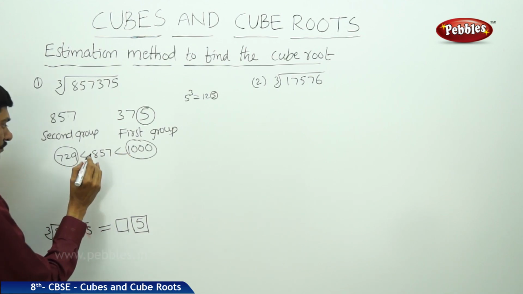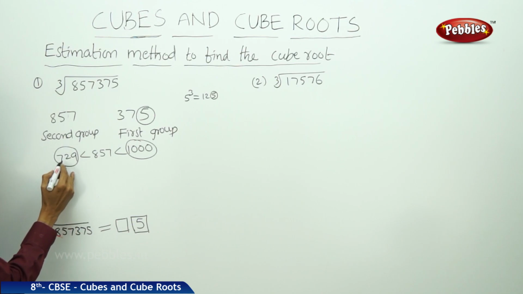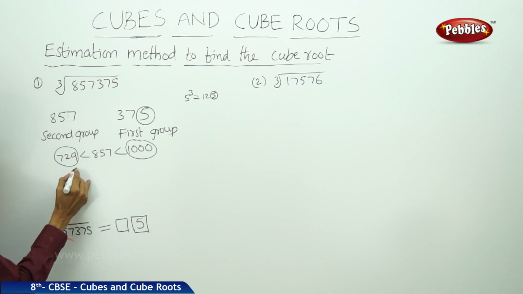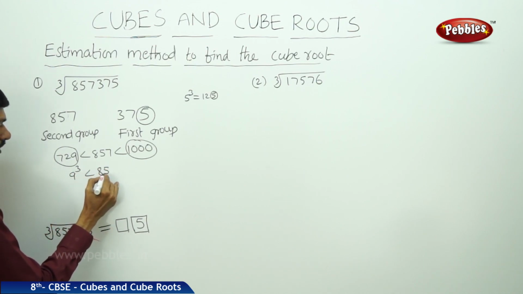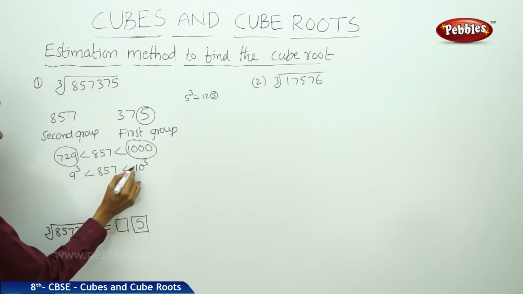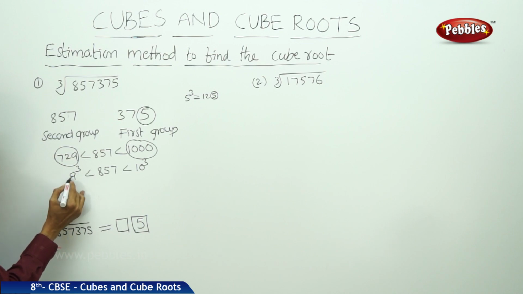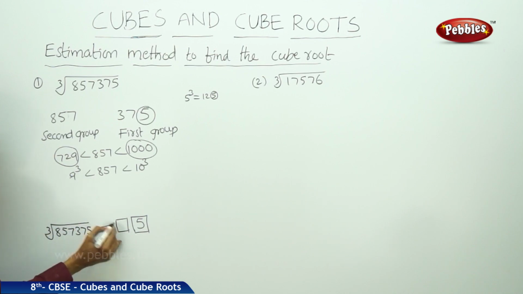Now what is the cube root of 729? It can be written as 9 cube less than 857 less than 10 cube. In these two, 9 and 10, which is smaller? 9 is the smaller number. So the units place of this smaller number is the tens place of the cube root. So here we write 9. So the cube root of the given number is 95.